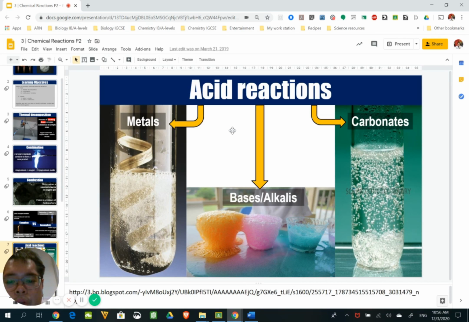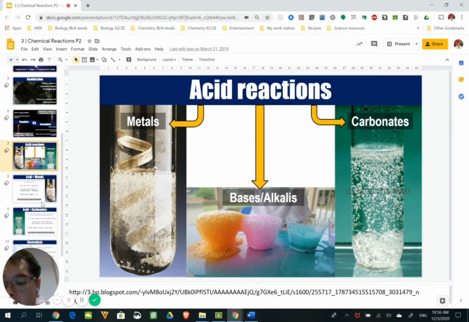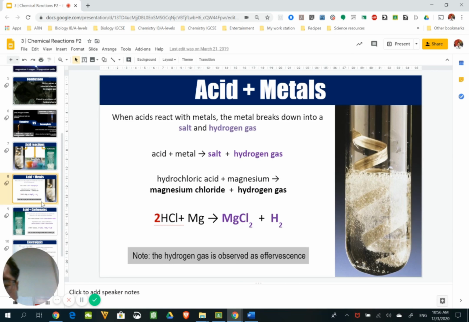The next one here would be on acid reactions, okay? Acid reactions, as I have mentioned before, there are 3 different types of reactions that you will go with. One with metals, the other is with bases, and one is with carbonates, okay? So let's go for acids and metals. Okay.